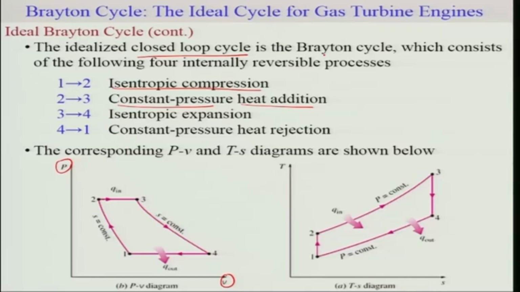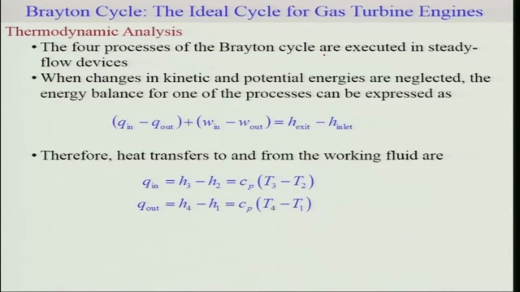Considering that we understand the idealized closed loop for the Brayton cycle, which consists of these 4 internally reversible processes where the heat addition and rejection are at constant pressure, we can do the thermodynamic analysis of these 4 processes. We can apply our usual energy balance, considering the changes in kinetic and potential energy to be negligible. So you have Q in minus Q out, the net heat in, and W in minus W out, which will be equal to H exit minus H in.